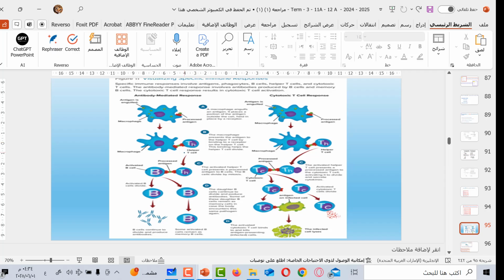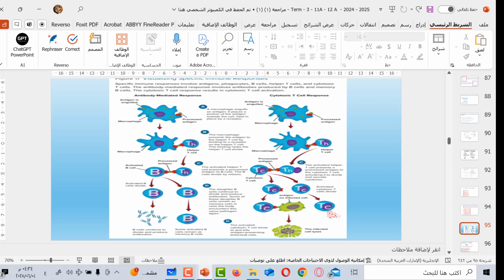When activated, the helper T cell takes the presented antigen with it and presents it to B cells. When a B cell contacts the compound of helper T cell and presented pathogen, the B cell is activated.